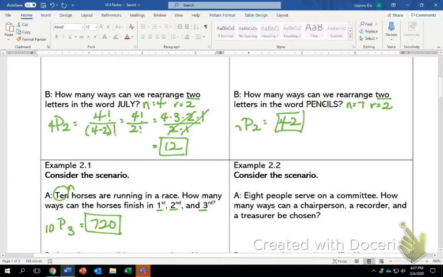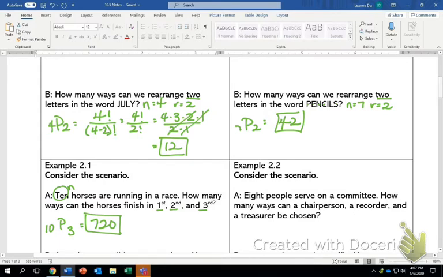All right. Even over here in example 2.2, it says 8 people serve on a committee. How many ways can a chairperson, a recorder, and a treasurer be chosen? Because they specified the types of jobs, the order is going to matter. The responsibility of a chairperson is different than the responsibility of a treasurer.